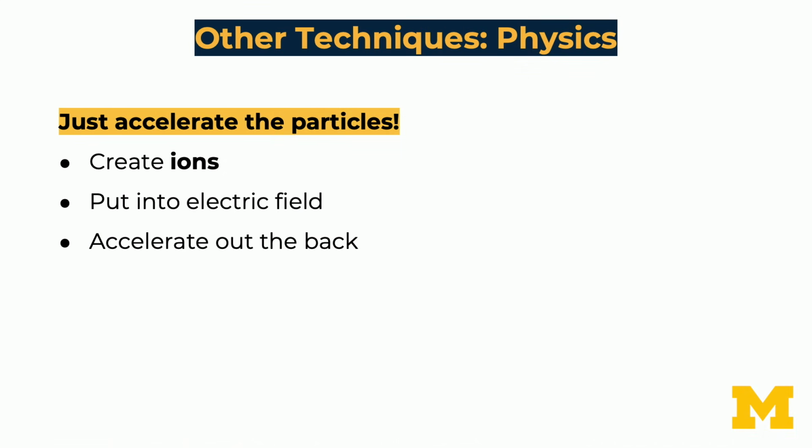One other technique that we can do is instead of heating stuff up, we could actually just accelerate the particles by themselves. This is like the Large Hadron Collider, where you create an ion, you put it into an electric field, and you accelerate it.